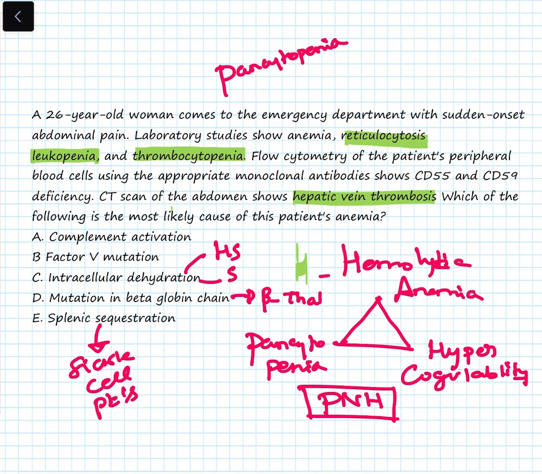Also it can be seen with sickle cell disease, sickle cell anemia, right? And factor V mutation, where the patient will have too much coagulation, but the patients will not have hemolytic anemia or pancytopenia.